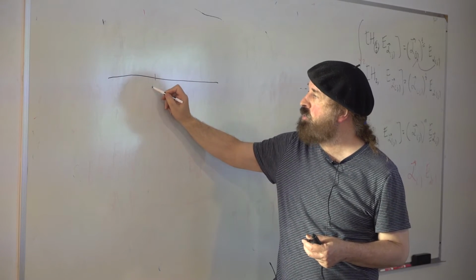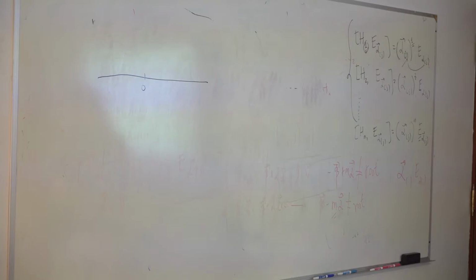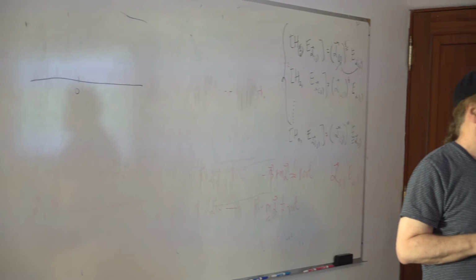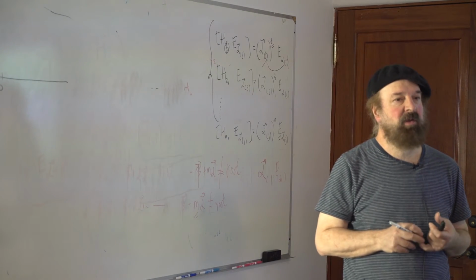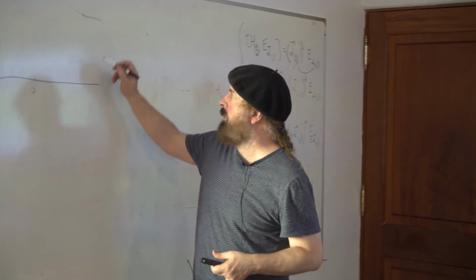Let's call this my origin. This is the angular momentum. Remember I showed yesterday how the SU2 algebra was isomorphic to SO3, the double cover of SO3. SU2 was the double cover of SO3. You remember yesterday?